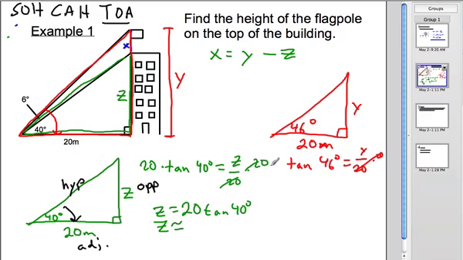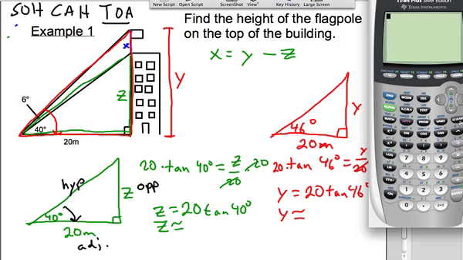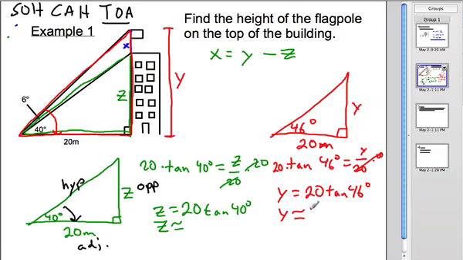To solve, I'm going to multiply both sides by 20, and we get y equals 20 tan 46 degrees, which is approximately, I think my calculator is ready, 20 tan 46, which equals about 20.7. So that's about 20.7 meters.